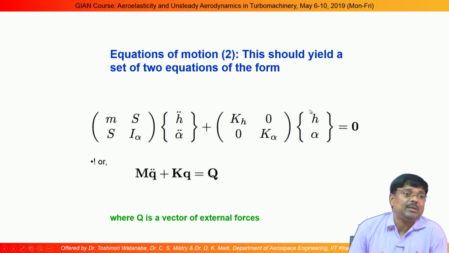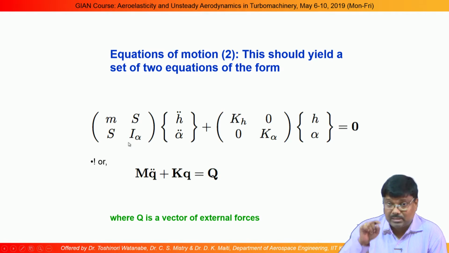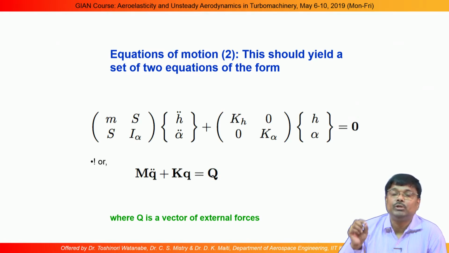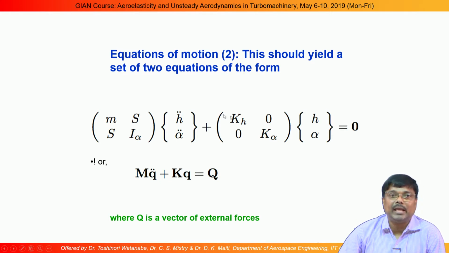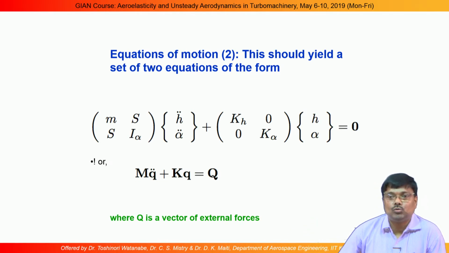In general, suppose I am considering, let us say, a blade structure, I can take not only 2 degrees of freedom, I can take n number of degrees of freedom depending on how I am modeling it. If I am taking n number of degrees of freedom, then I can write in the simplest form: capital M is the mass matrix into q double dot acceleration, plus K is the stiffness matrix into q, and the right hand side I am writing as capital Q, meaning force acting on that.